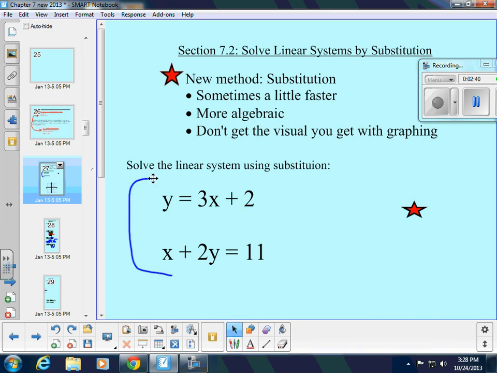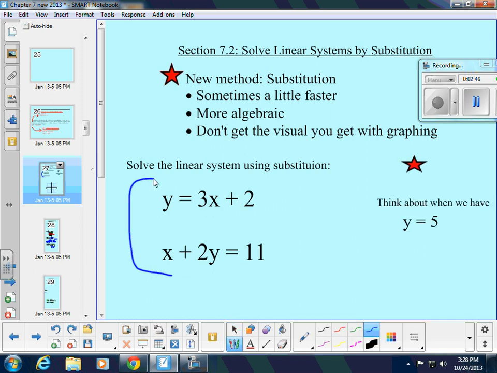Students have done other things in the past where they've substituted a number in for a variable. For example, over here, this isn't part of the problem, but something to think about. Sometimes they tell us we know that y equals 5 in this problem, so then evaluate or solve the equation knowing that y is 5.